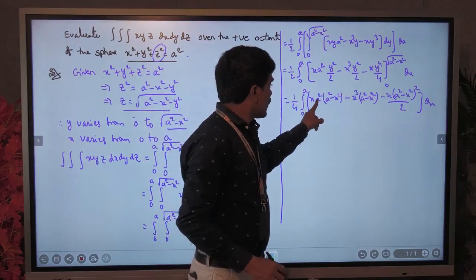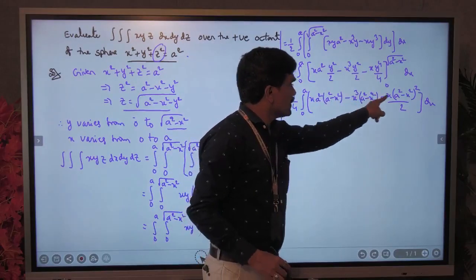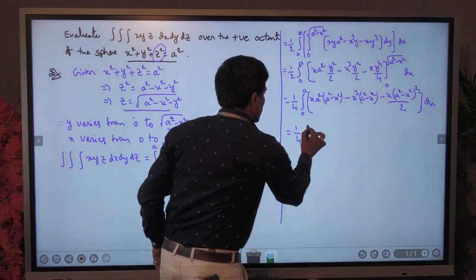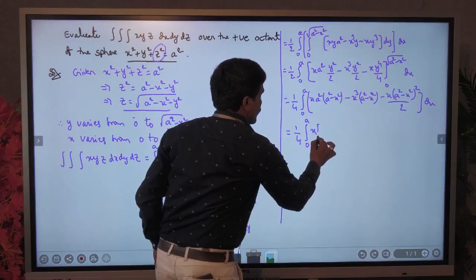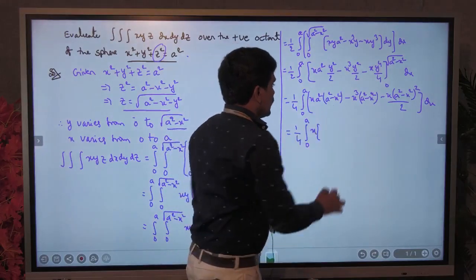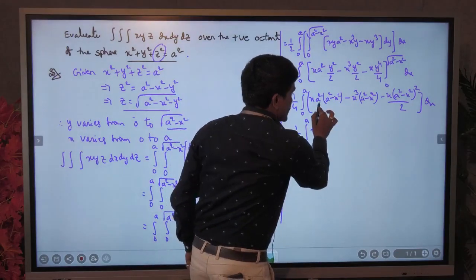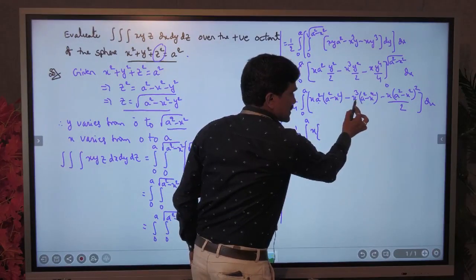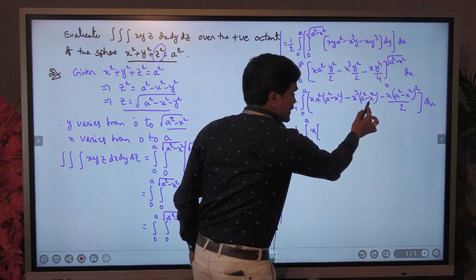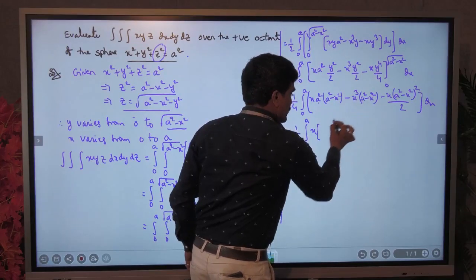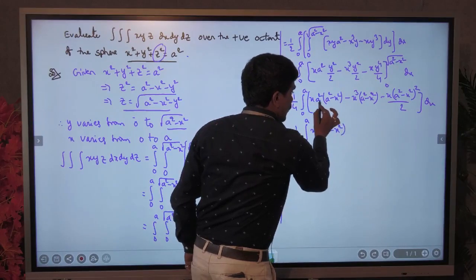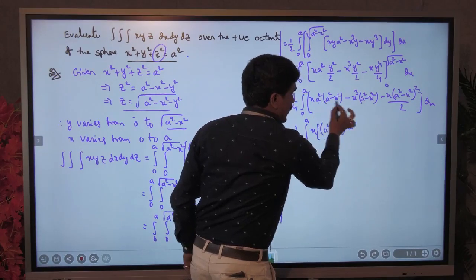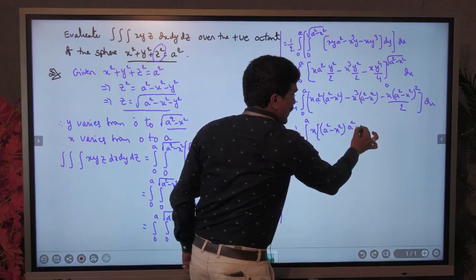Okay, now write all terms. First of all, x common, integral 0 to a. So x into, right? Now a square into a square minus x square, x square into a square minus x square. In these two terms, a square minus x square is common. Now here a square minus x square common.